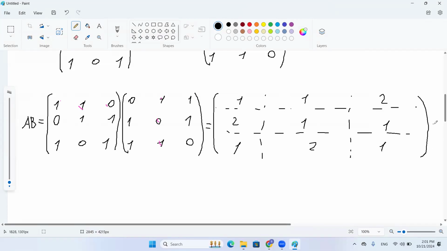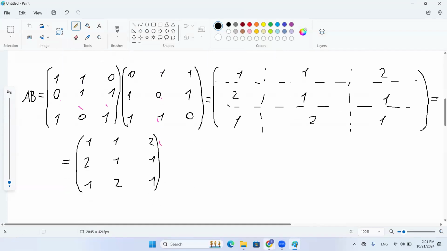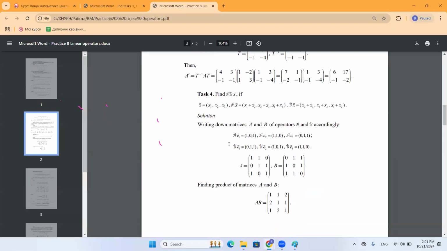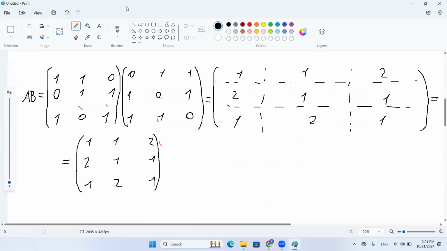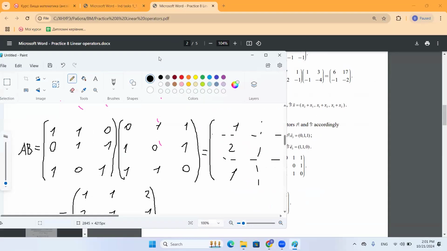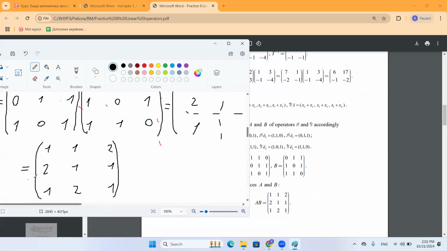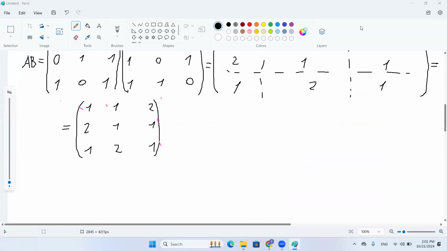Okay, so it is the matrix of the operators' product. So now we'll write it in a more convenient form. And let's better check it. So 1 1 2, 2 1 1, 1 2 1. Okay, so correct. And now I'll clear my Zoom drawings.